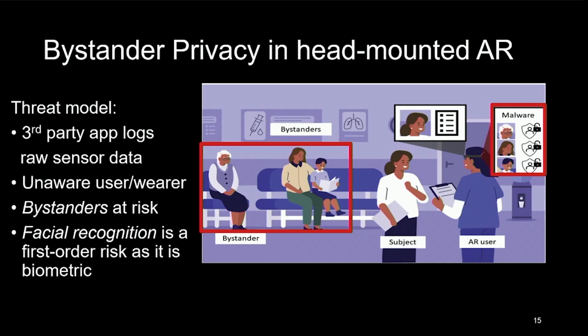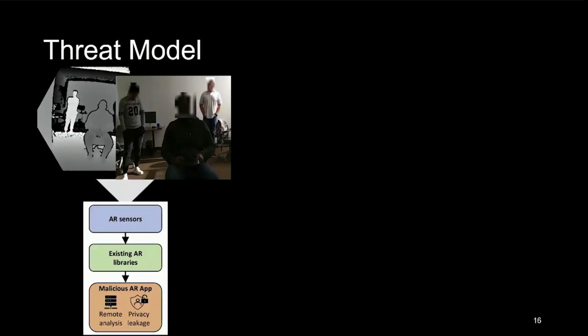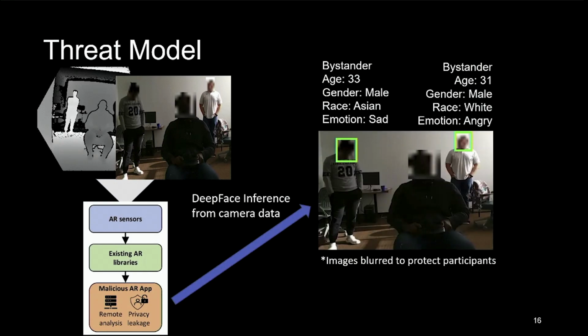So thinking about this, we end up proposing an API to process this data that sits between the sensor and third-party applications that ask for the sensor data. To give you a little bit more insight into what that means from a threat model, and I don't want to get too technical here, we're trying to remove bystanders from sensor feeds. The idea is that models can easily profile or identify these bystanders. For example, you take this image. Of course, the images are actually blurred to protect our participants, but imagine that these things were completely open.